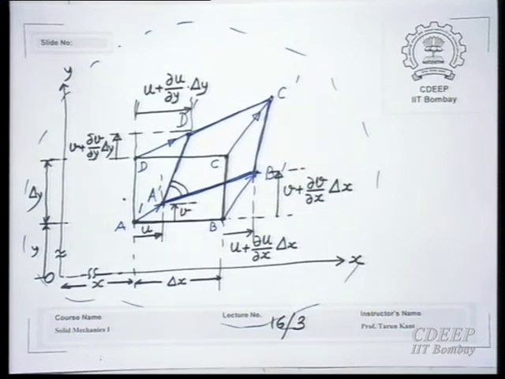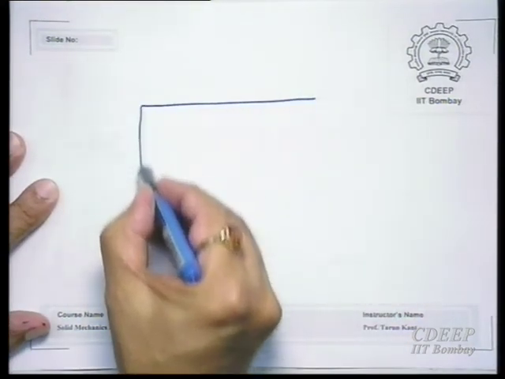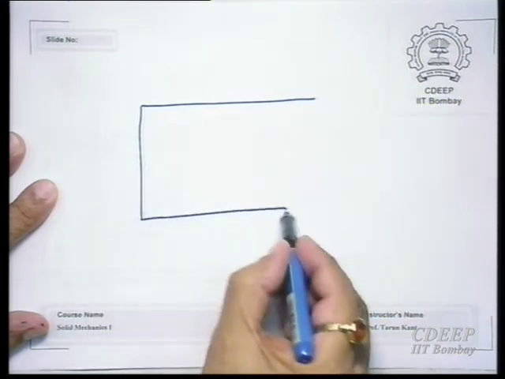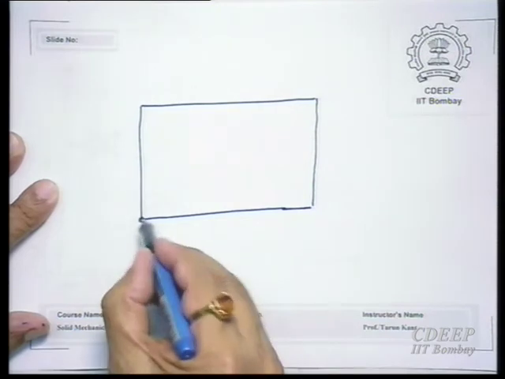You do practice. Take an element, write down all the coordinates, simple. You will need some practice. So what are the original?